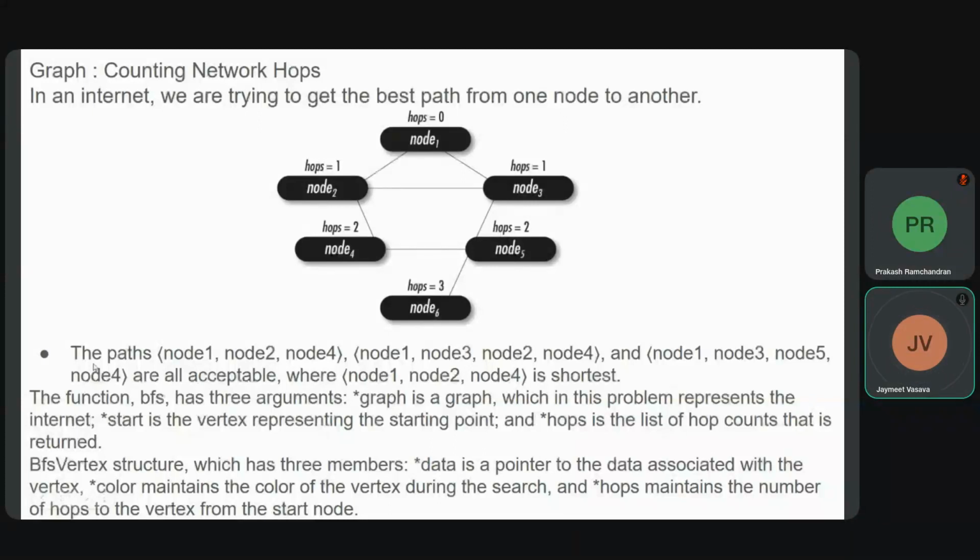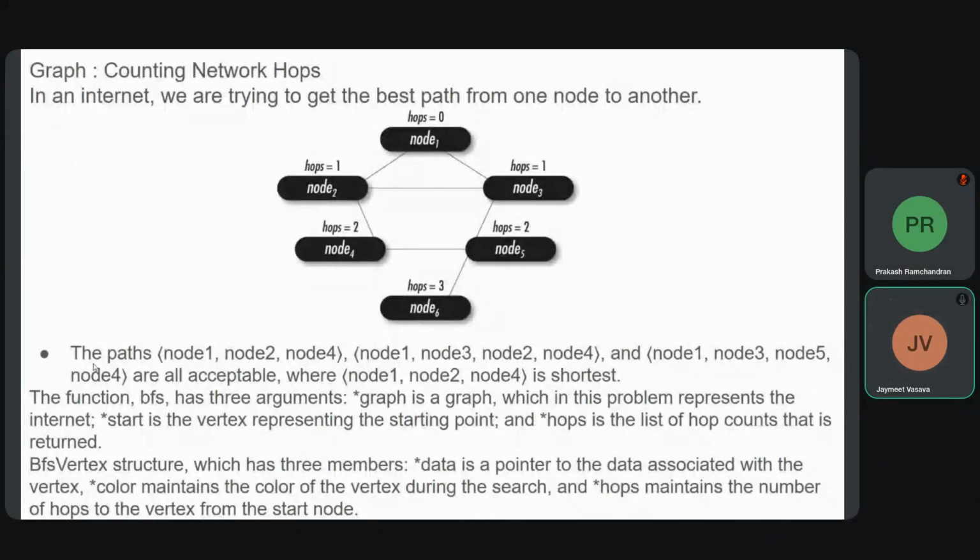The first is a pointer to the graph, then the start vertex, and the pointer hops, which contains the list of hop counts that is returned.